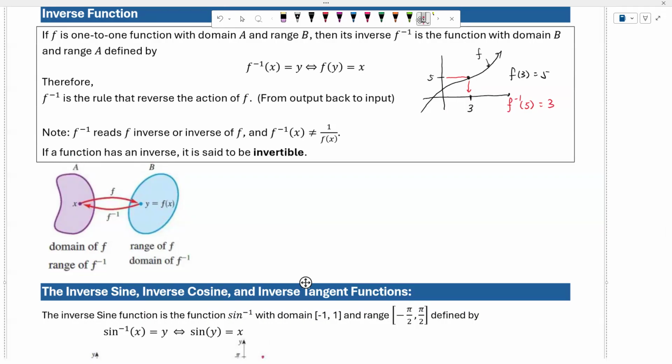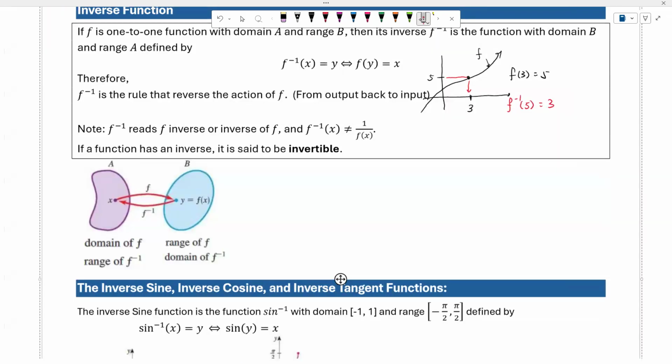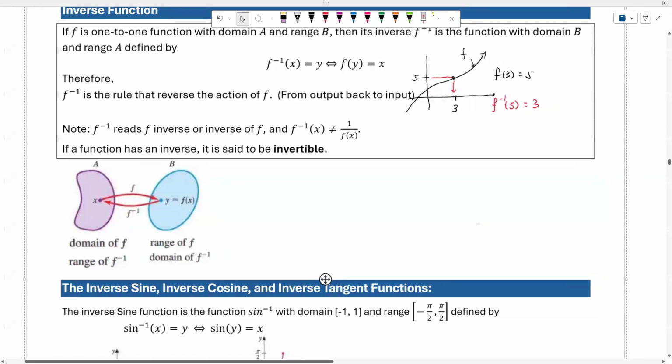That's why you see that the f function has domain A and range B, and the inverse has domain B and range A. So this is the idea.